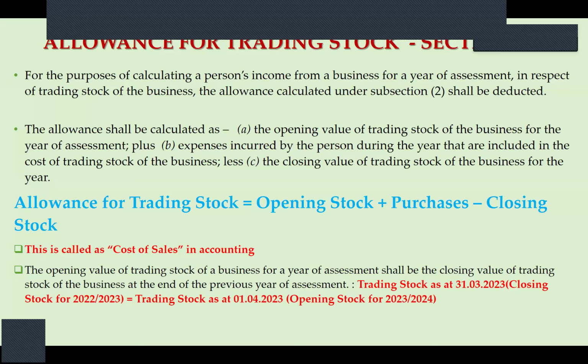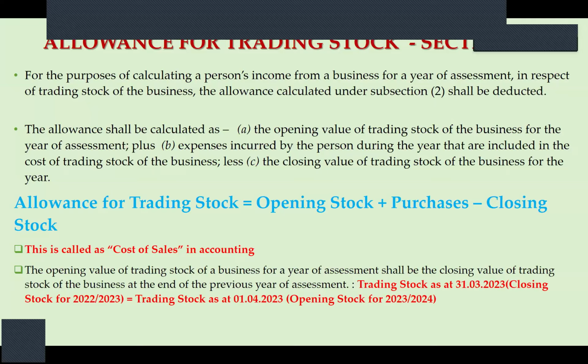So, for the calculation of gross profit, we should have two items. One is turnover or consideration received in respect of trading stock. Then from that amount, we have to deduct cost of sales. Turnover minus cost of sales equals gross profit.